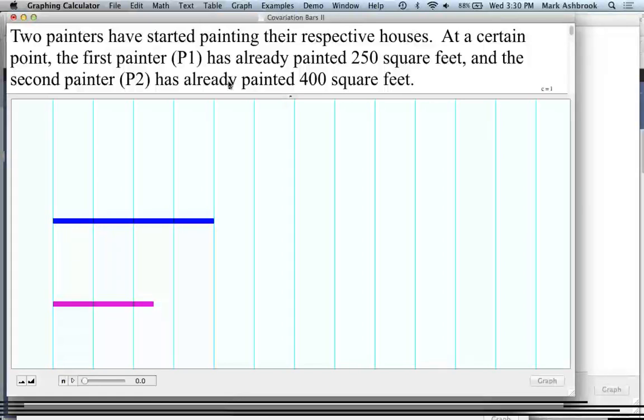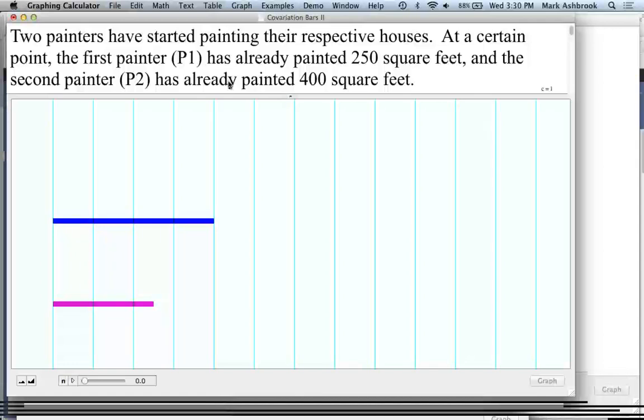So, Raymond, I'm showing you a purple bar and a blue bar, or maybe dark pink and indigo. How could this represent the situation that I put in the original setup about the painters?